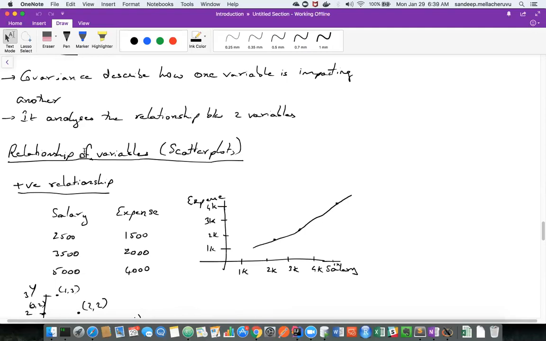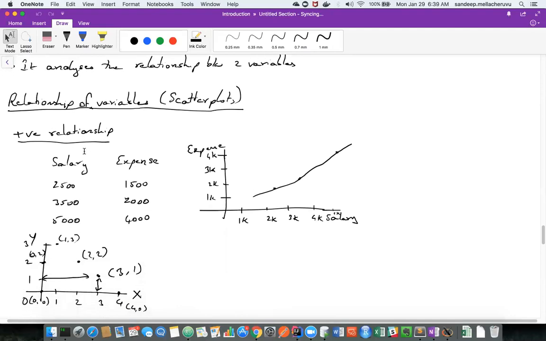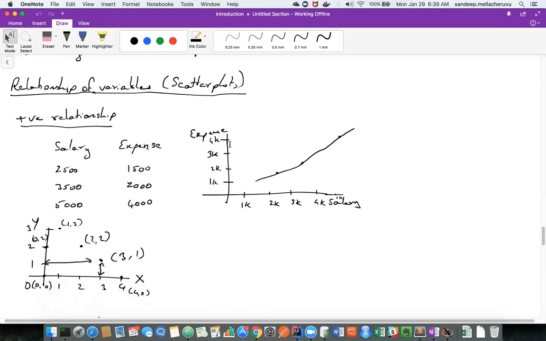It's always possible that in this case the x-axis is salary and the y-axis is expense. It's also possible that I use expense as the x-axis and salary as the y-axis. It's completely valid. There is no hard and fast rule which one has to be the x-axis or y-axis.